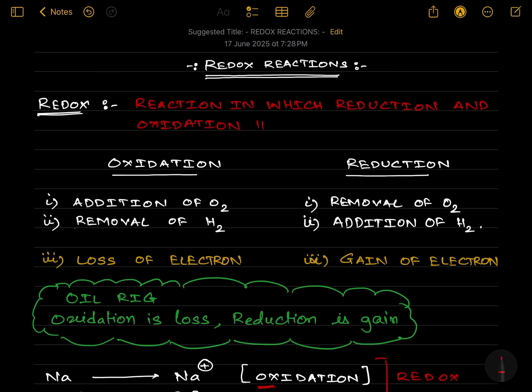So a process in which reduction and oxidation happen simultaneously is referred to as a redox reaction.